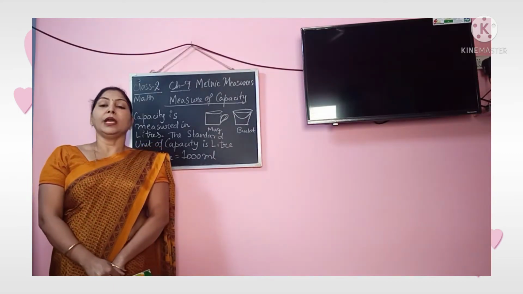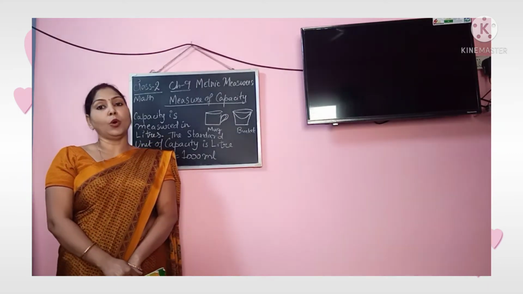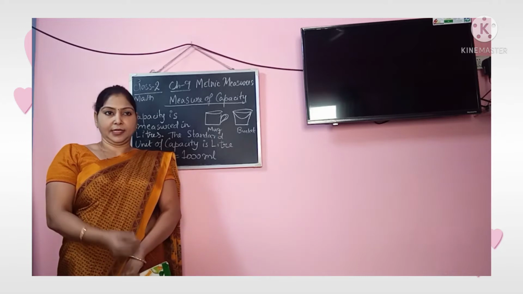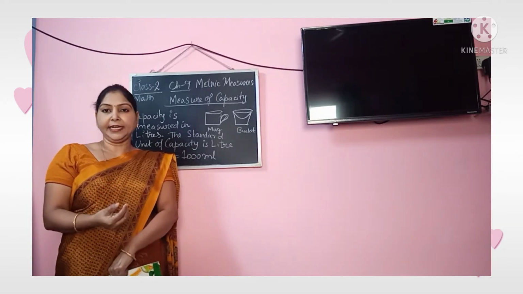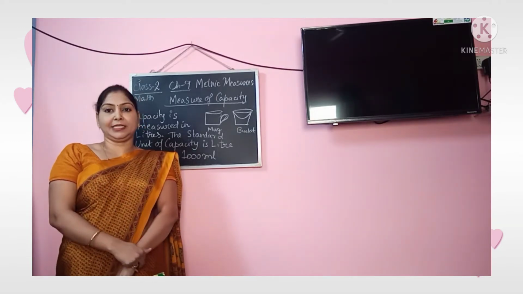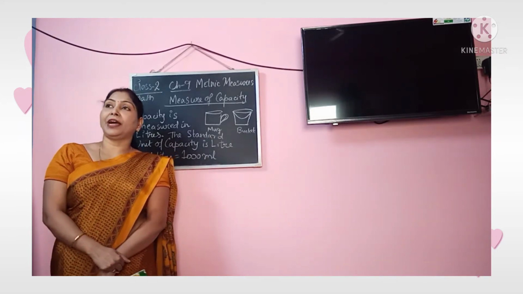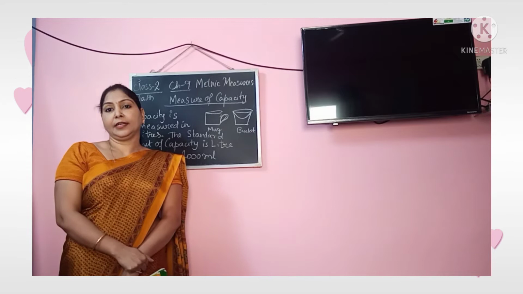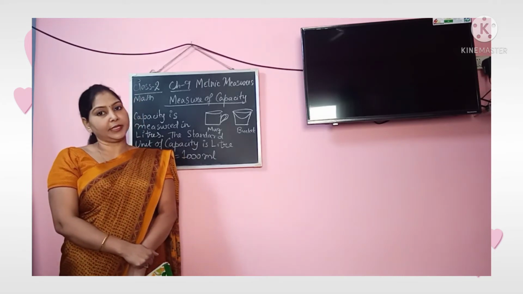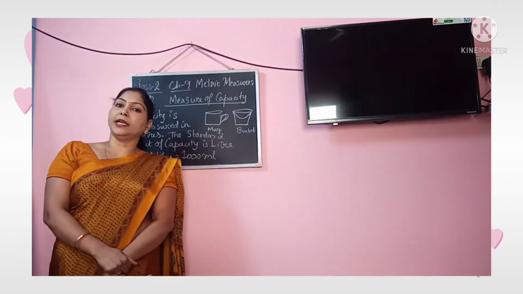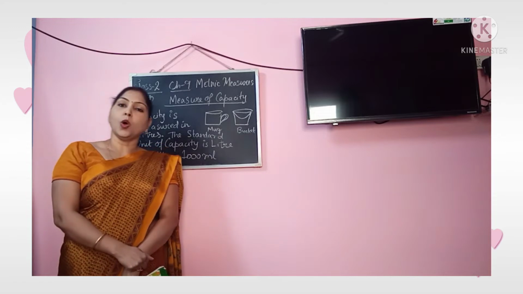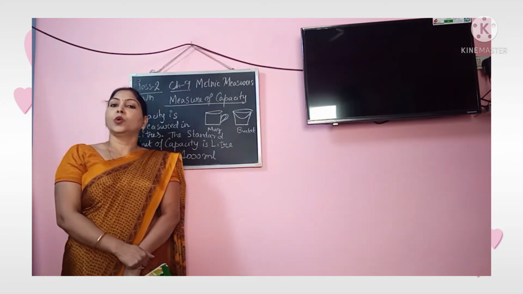Any container which holds a liquid substance in it has a capacity, right? So capacity basically we find for any liquid substance or any liquid thing. It can be water, milk, oil, juice, cold drink.